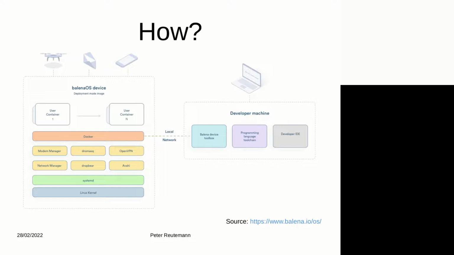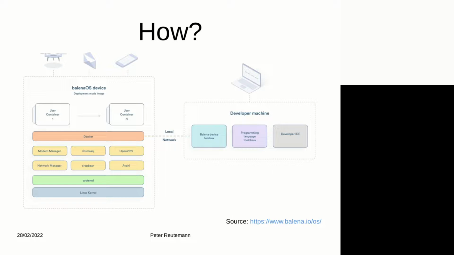On top of that we have the network manager for managing Wi-Fi and Ethernet. Dropbear basically for SSH access. Avahi, I think, is for network discovery, if I remember that correctly. Modem manager, if you have, for instance, cellular modems, rather than regular other modems.